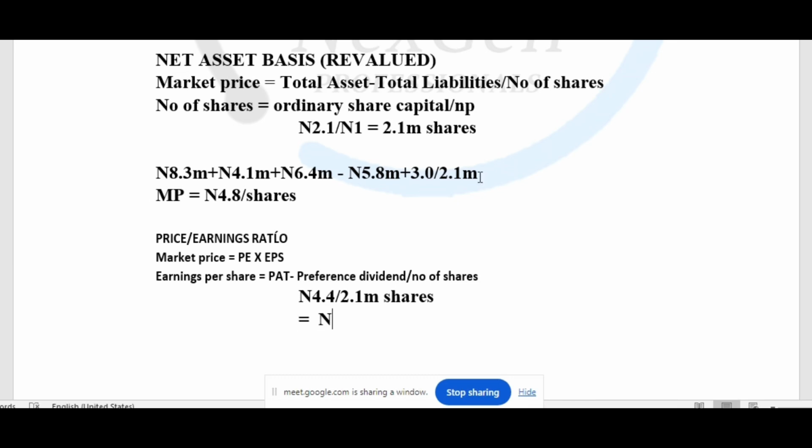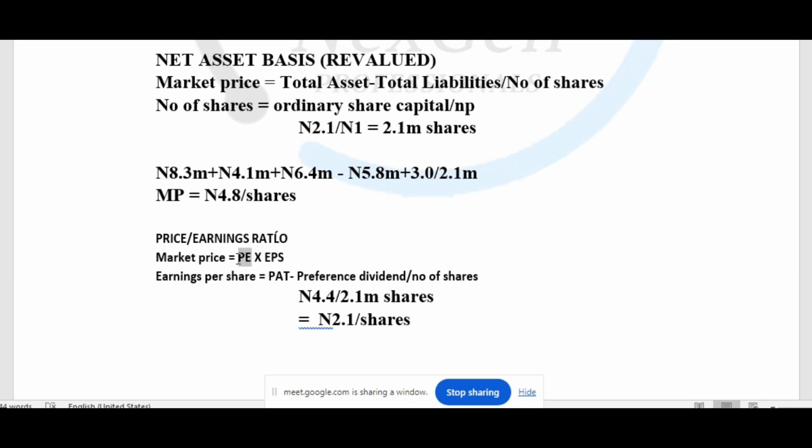Earnings per share is 2 naira 1 kobo per share. Please always indicate all these signs; it is very important. This is our earnings per share.